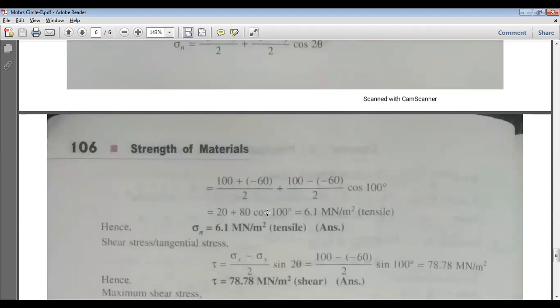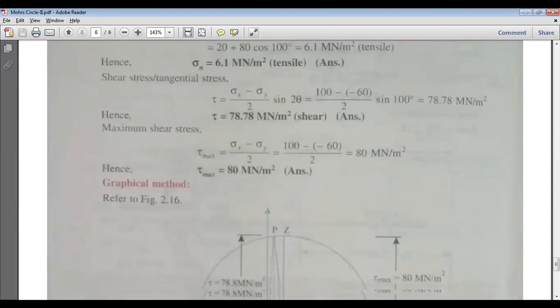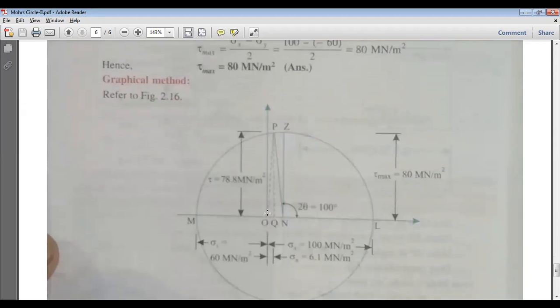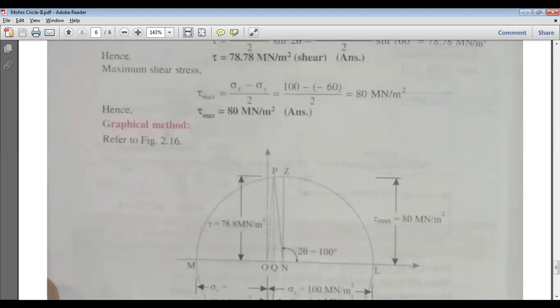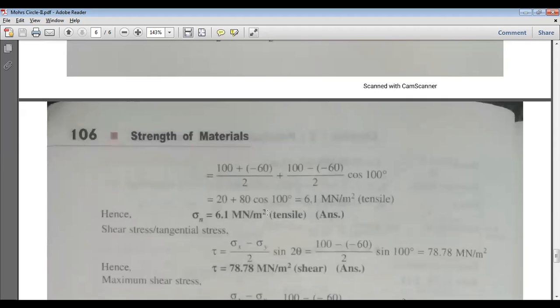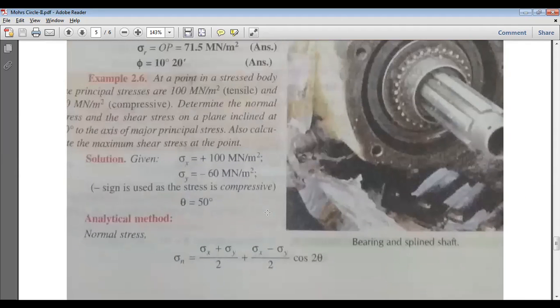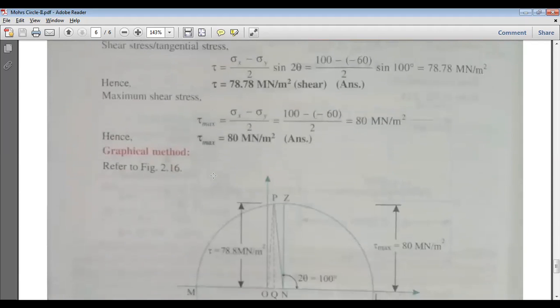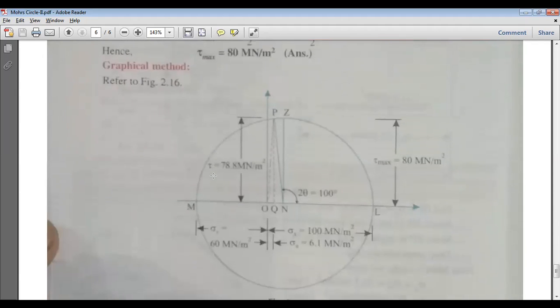So take another problem, solve this problem, and the other problems that you have. This is a slightly complicated problem. Here sigma x is given as tensile, but sigma y is given as compressive. So what we have to do is reverse the direction of sigma y.